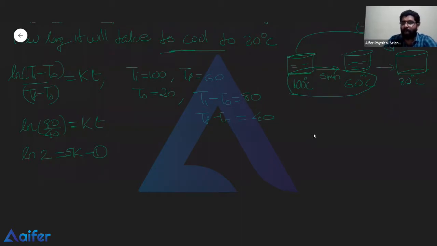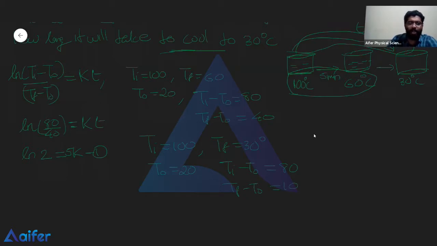Now I am going to consider this step. My initial temperature is 100. Final temperature is 30 degrees. Surrounding temperature, no change, that is 20 degrees only. So Ti minus T naught is just 80 now also. And Tf minus T naught, Tf is 30 now, so 30 minus 20 is 10.